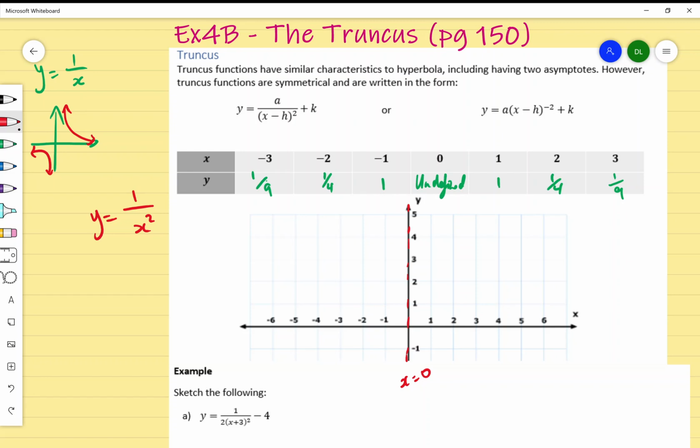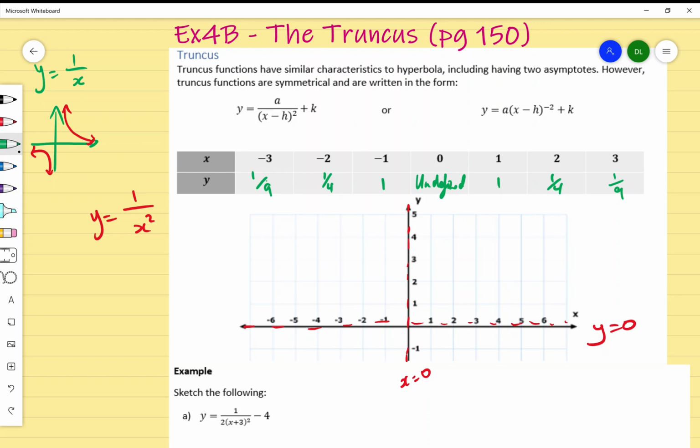Because remember, no matter what value I put for the denominator, it could be 1 over a million squared, it's still not going to give us 0. And so what happens is we end up with another asymptote along the bottom here. Imagine that's a perfectly straight line, and we end up with y equals 0 as another asymptote.